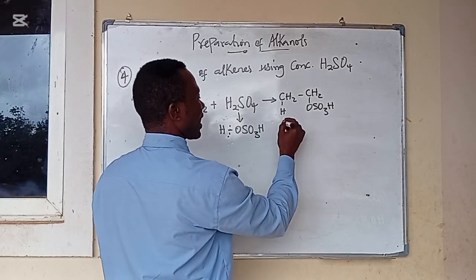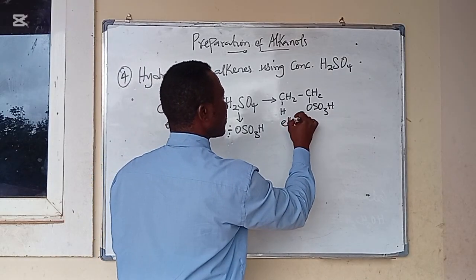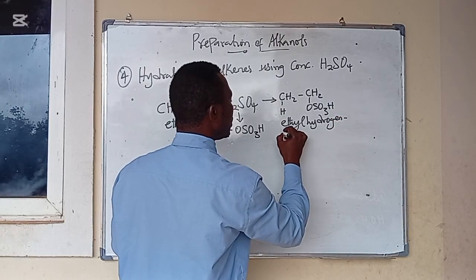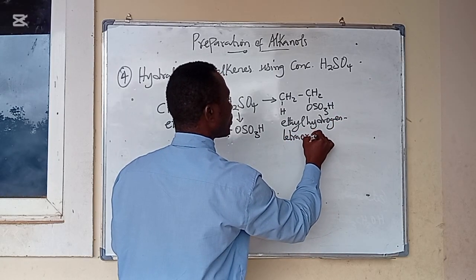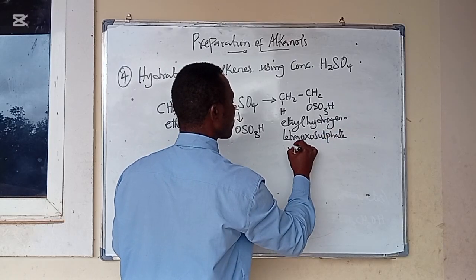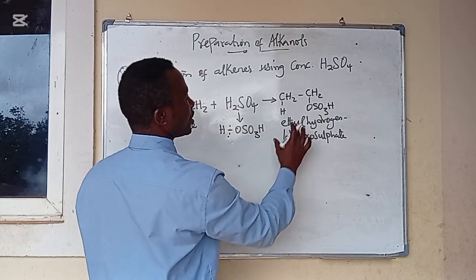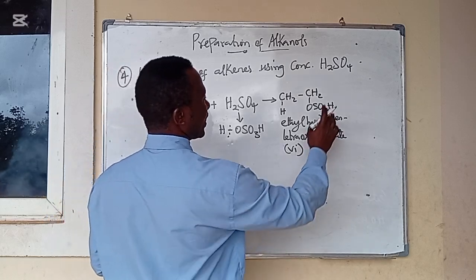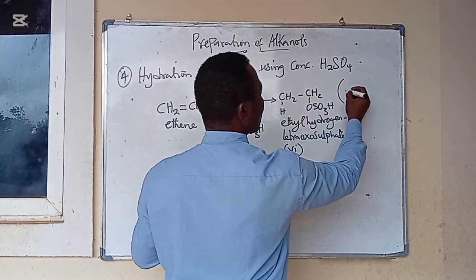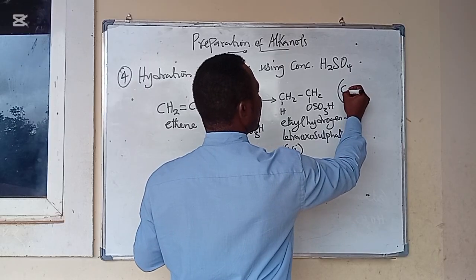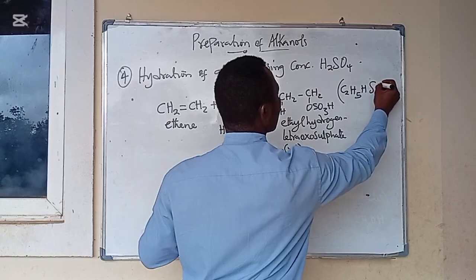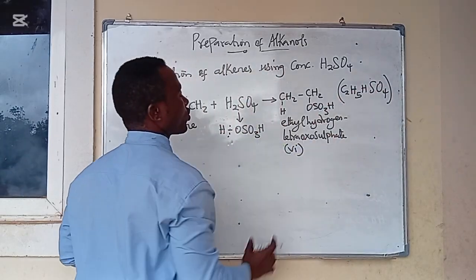So this compound is actually ethyl hydrogen tetraoxosulfate 6. This ethyl hydrogen tetraoxosulfate 6 can be written as C2H5HSO4.